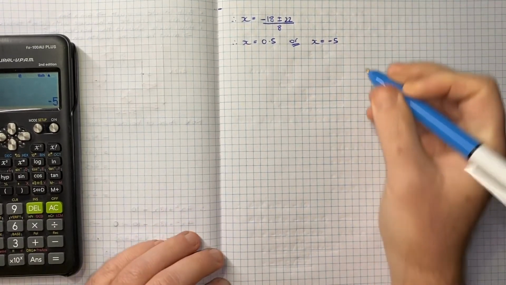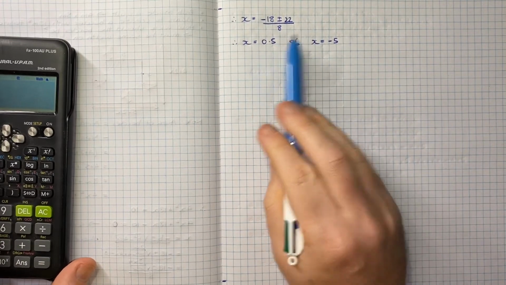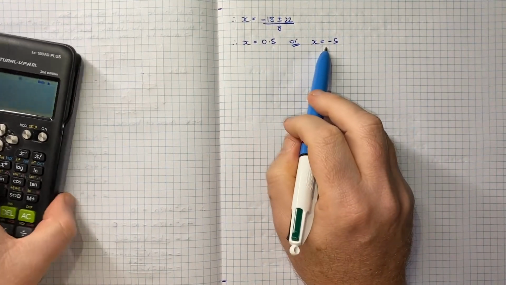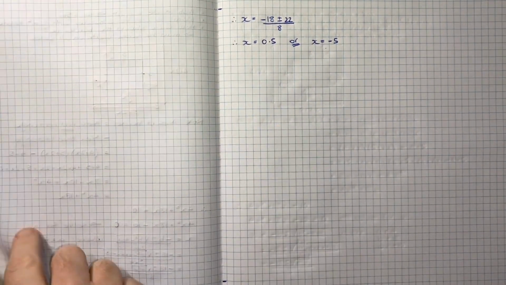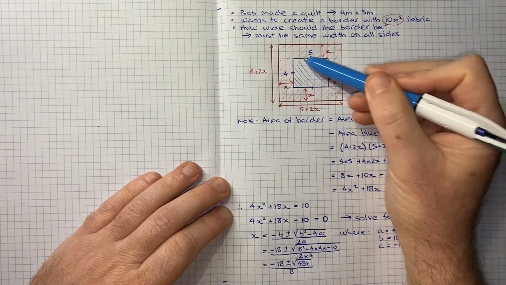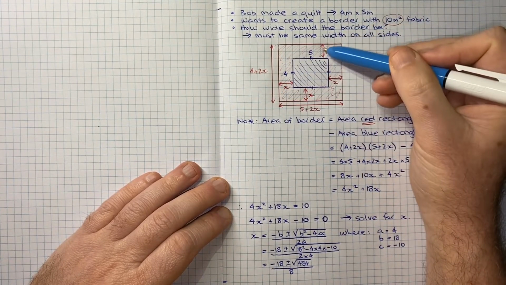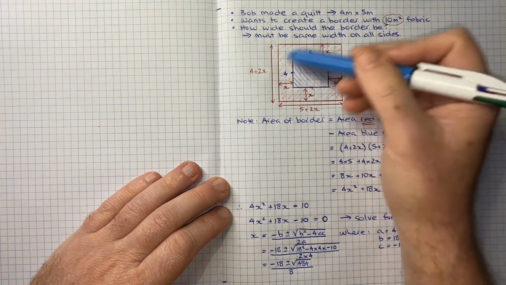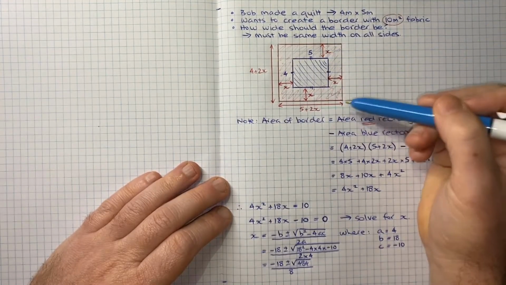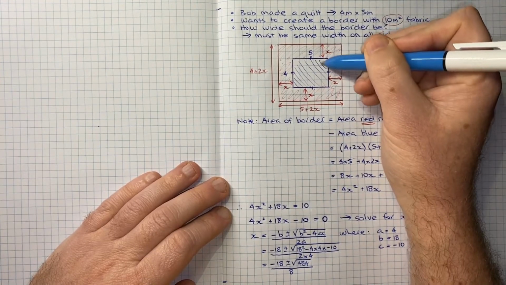So at this point we have to make a choice. Which of these values of x is the value that we should use for the width of our border? And if we come back to our question, because we've got a quilt and we want to put a border around the quilt, so in effect x makes the whole quilt bigger, we know we need a positive value of x, because conceptually a negative value of x would actually be taking away from the quilt.